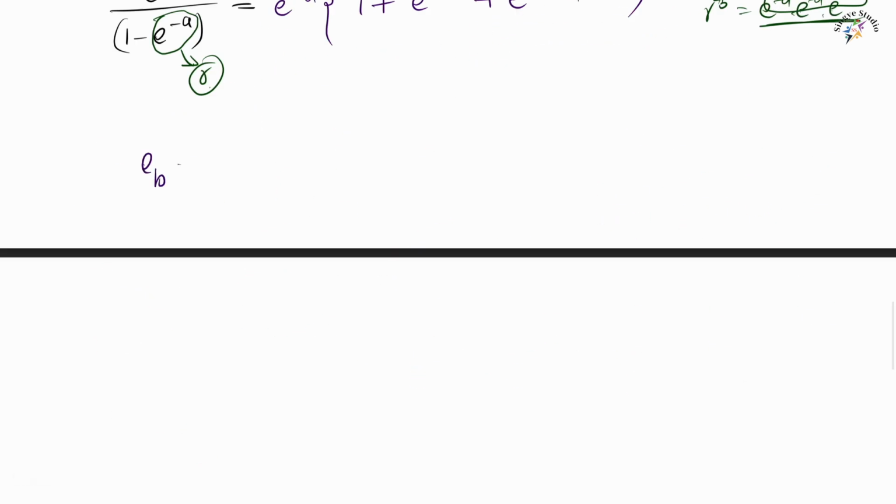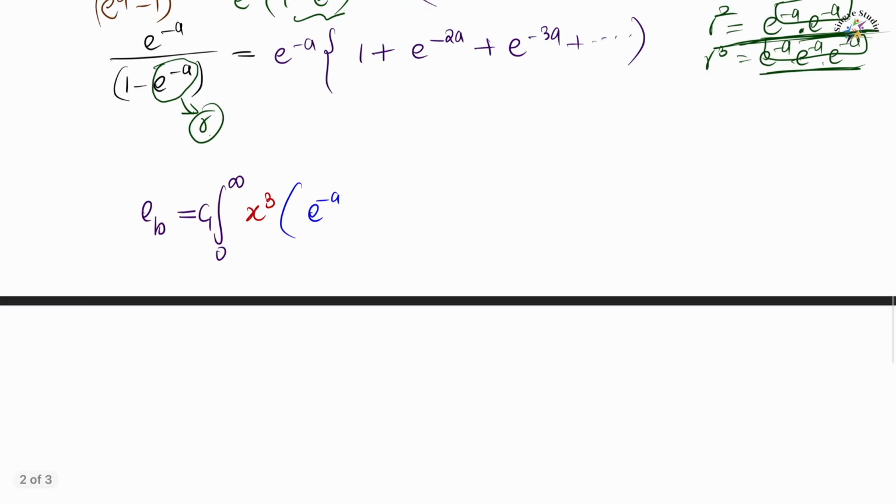E_b equals the integral from 0 to infinity of c1 x cubed times (e^(-a) plus e^(-2a) plus e^(-3a), and so on) dx, where a equals c2 x upon t.